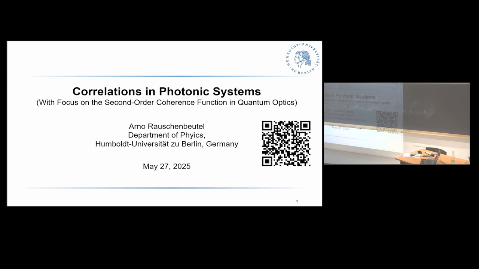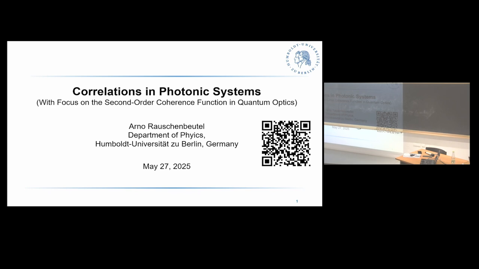And then if we look at zero time delay, for example, this is just the ratio of the mean of the square of the intensity over the square of the mean of the intensity.